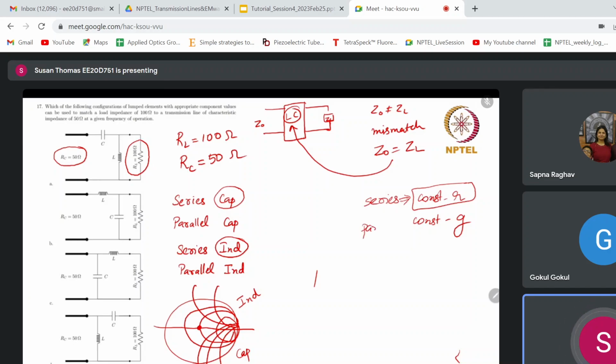Now, parallel, if you add any component, that means you are moving along the constant G circle. Okay. So, now to the load. What is our load? 100 ohm. So, in the Smith chart, you mark the point.